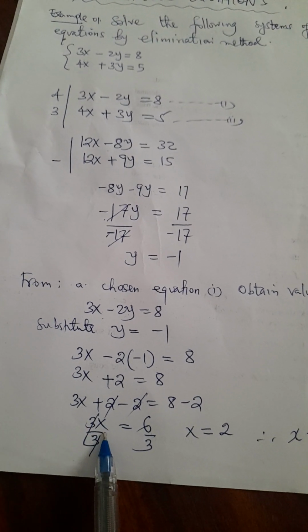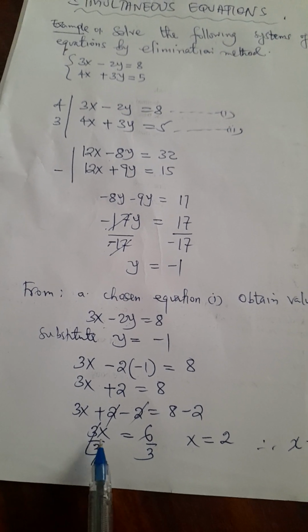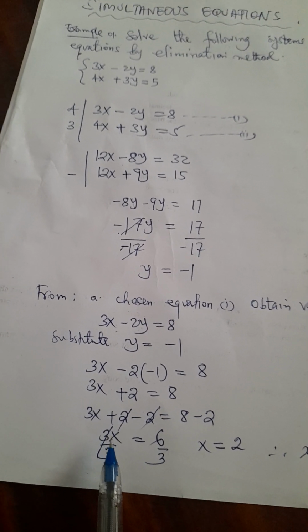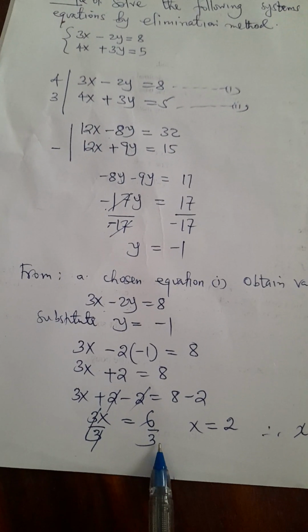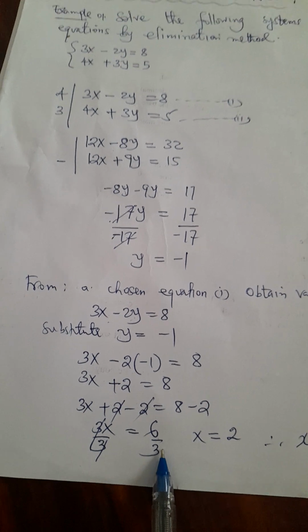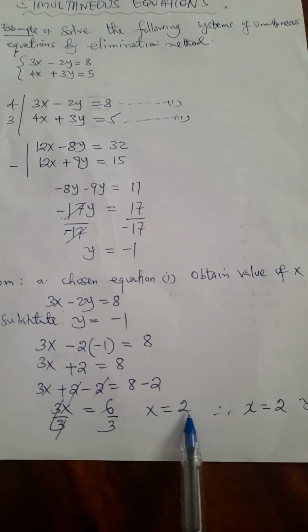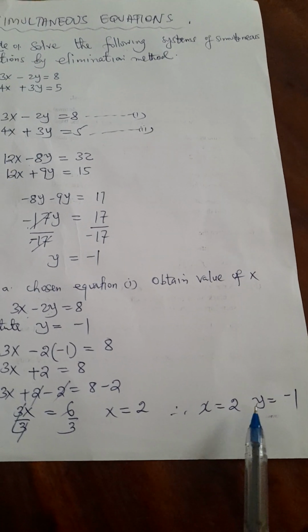Now you remain with 3x is equal to 8 minus 2, which is 6. To get x, you divide by 3 on both sides, and you get x is equal to 2. So very simple, my friend. x is equal to 2 and y is equal to minus 1.